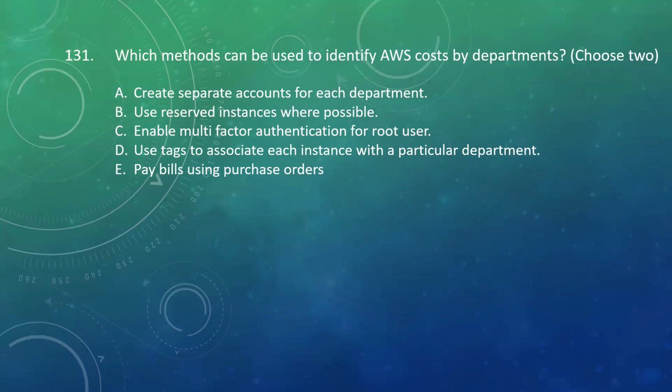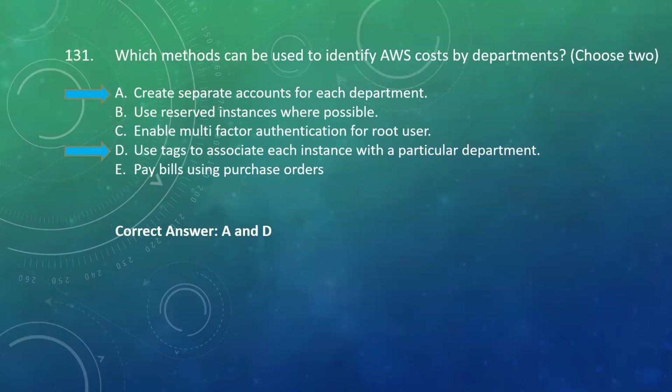The correct answers are option A and option D. You should create separate accounts for each department and use tags to associate each instance with a particular department. This is also called cost allocation tags.